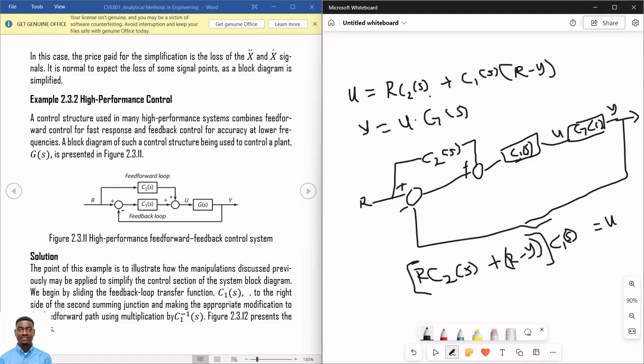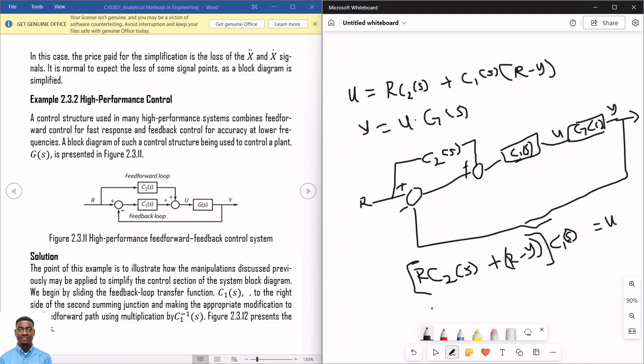I only have RC2S here. So moving this over this summing junction will mean that this will multiply all of this. Now, the only way that this can be on this side of the summing junction and still retain this model is if I already have on the signal line of C2S the inverse of C1S.